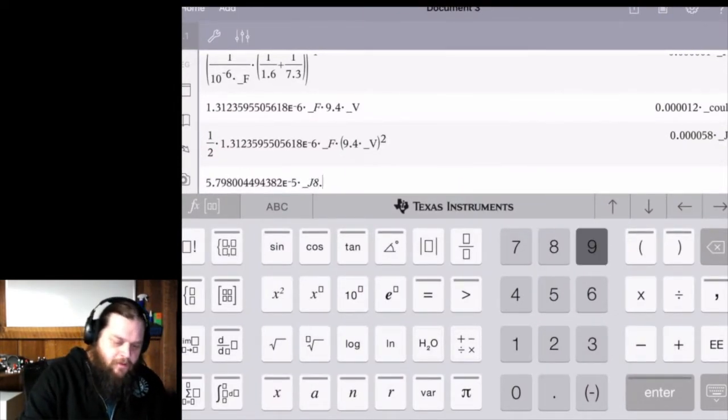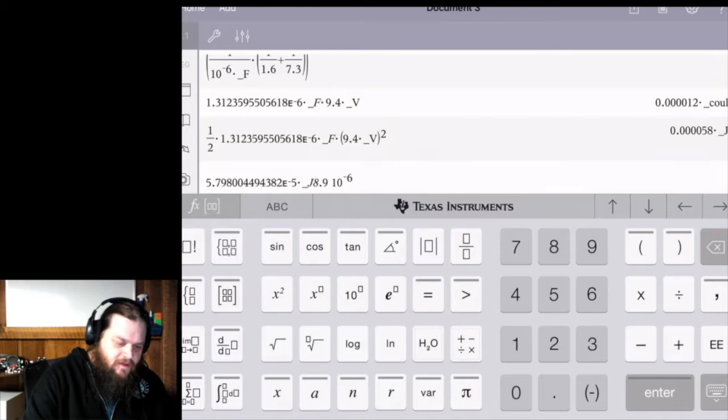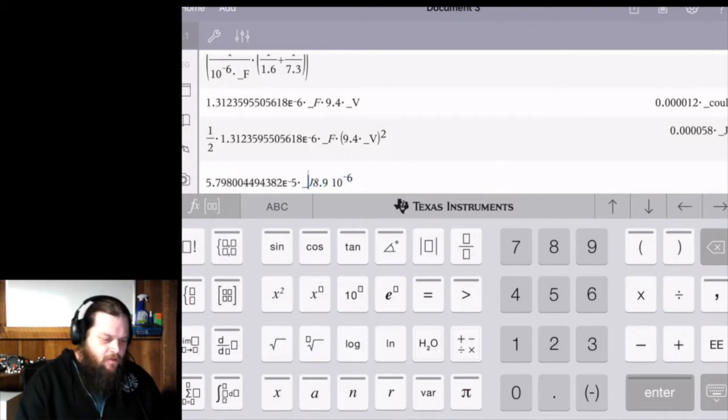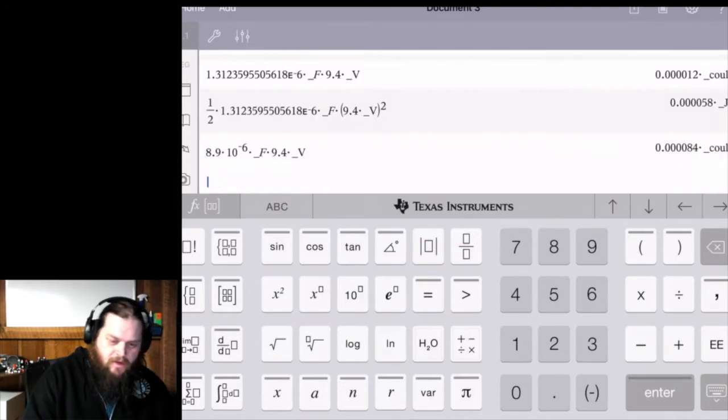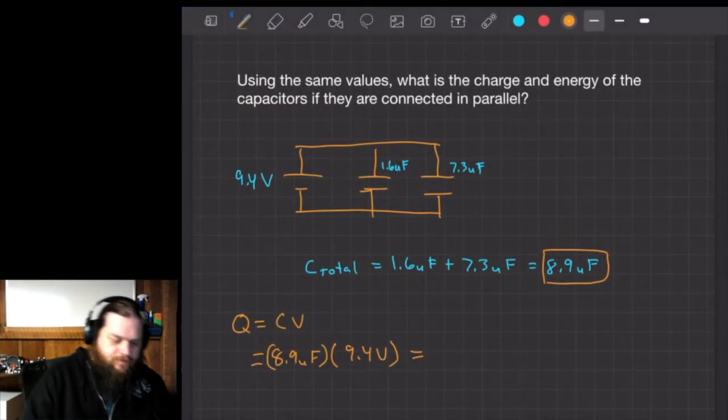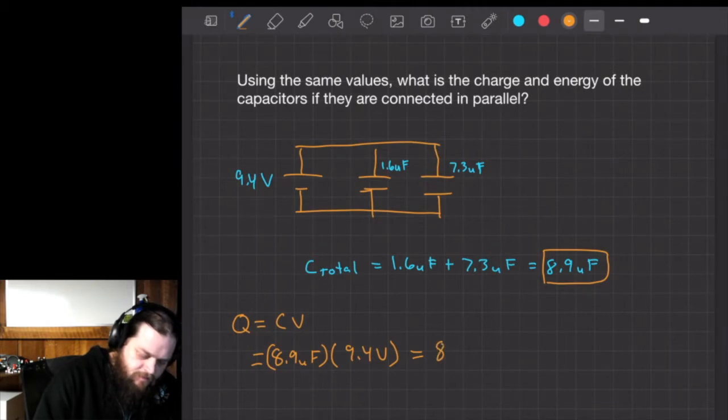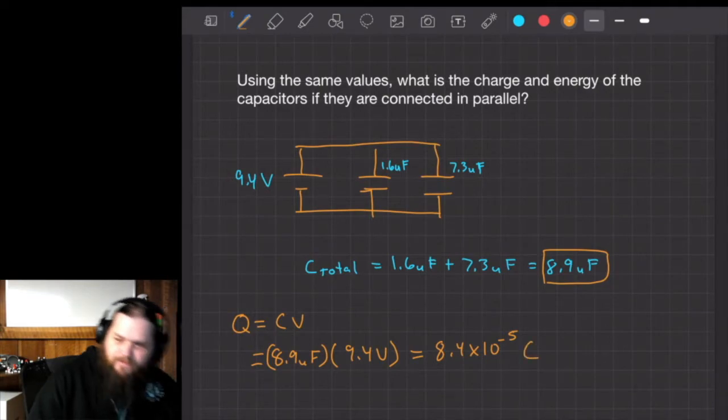The calculator tells us that 8.9 times 10 to the negative 6 farad times the voltage, which is 9.4 volts, is going to equal 8.4 times 10 to the negative 5 coulomb.